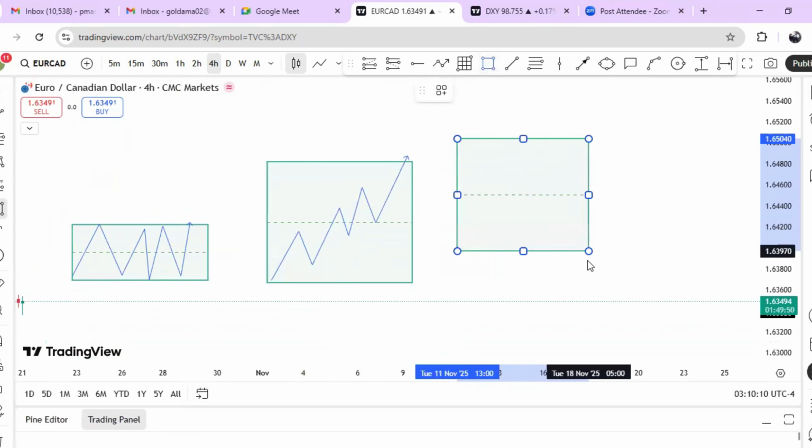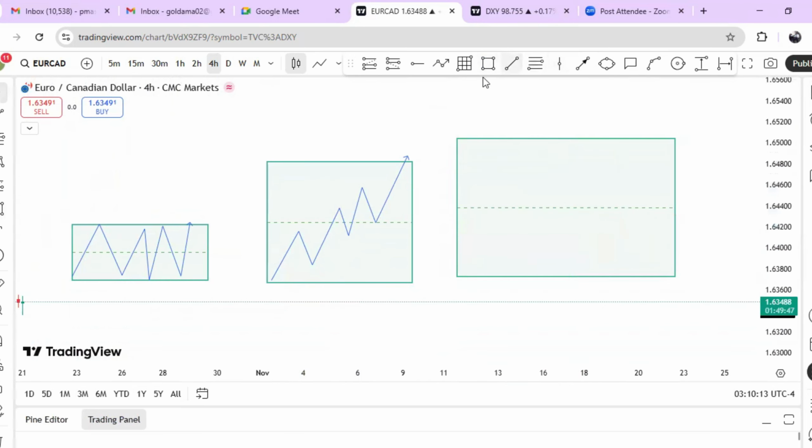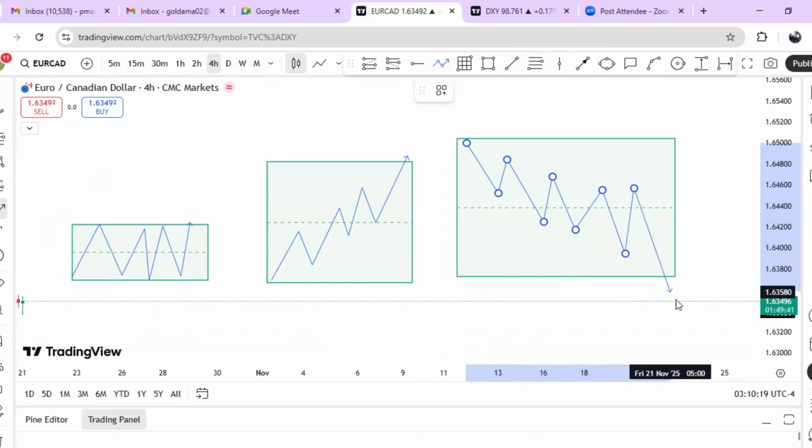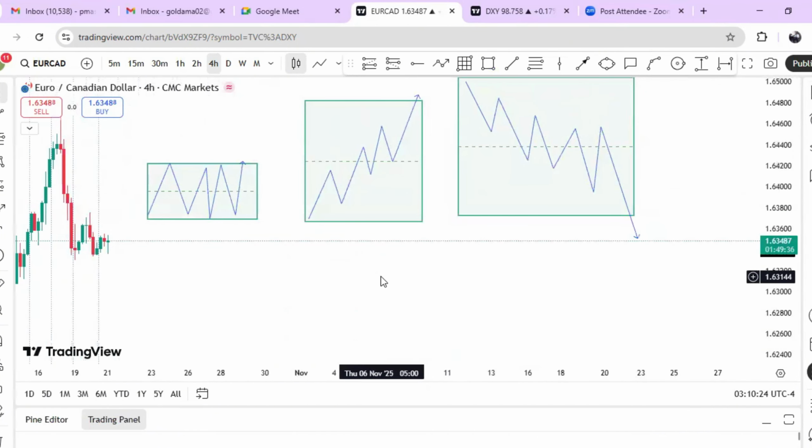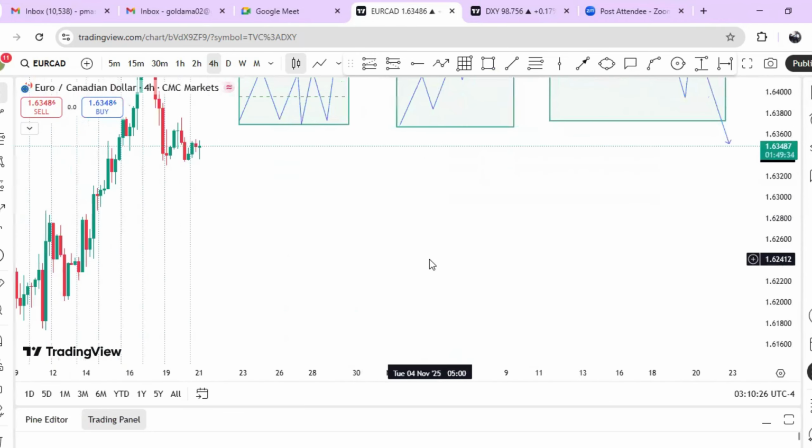Then the bearish market, which gives you the downward movements: impulse, little correction, impulse, little correction, like that. So how do we identify the trend we are in and how do we trade it? Let's talk about structure now.